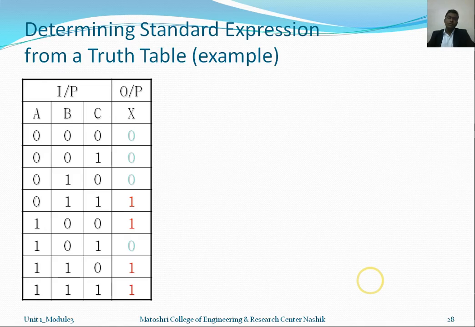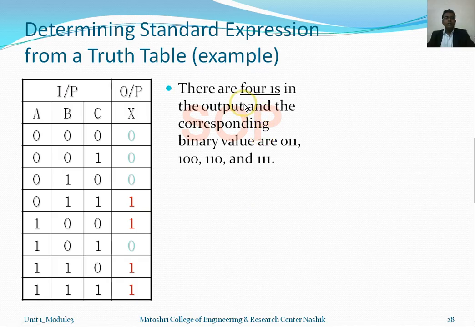Previously we were converting SOP or POS form into truth tables, and in these examples we are converting truth tables into SOP or POS form. In case of SOP forms, we know that four ones are present here. The first output 1 is for 0 1 1, the second is 1 0 0, and the third is 1 1 0.